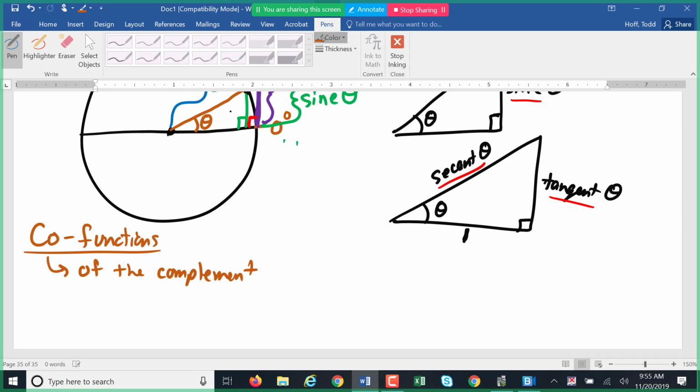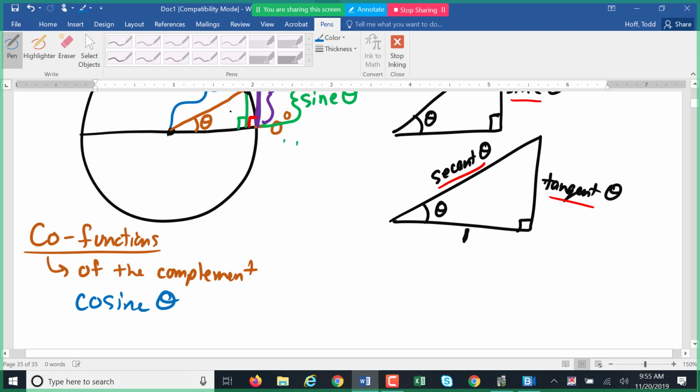So when I ask for the cosine of theta, what that is asking for technically is what is the sine of the complement of theta. Complement, remember, is 90 minus that angle.